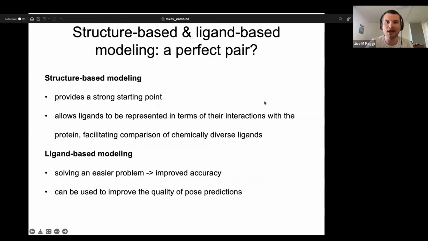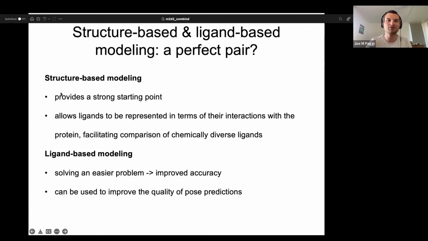So with that, to wrap up, I think the key takeaway is that it seems like there's an opportunity to use structure-based docking and ligand-based modeling more closely. By doing so, it seems like you can get some kind of super additive improvements.